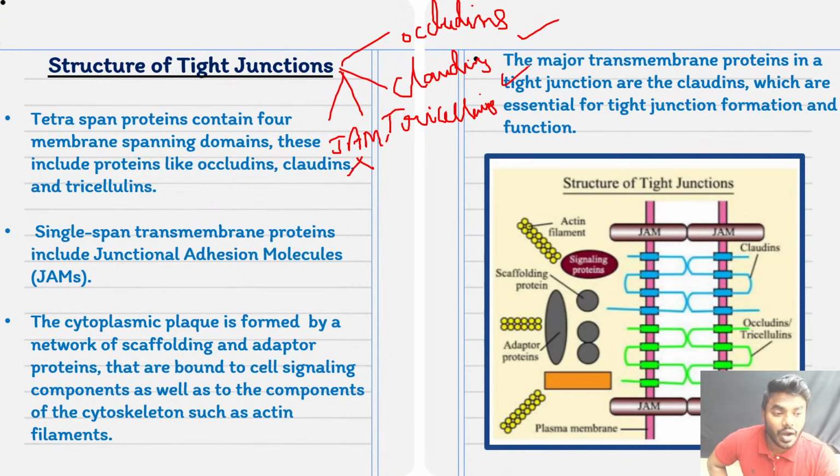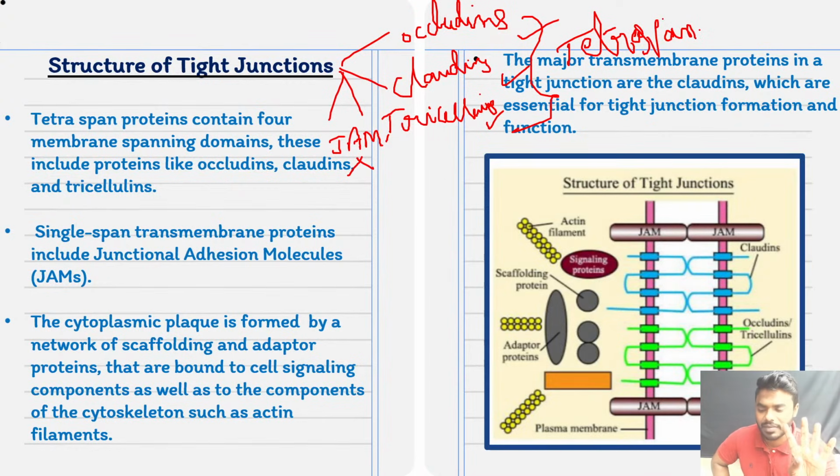occludins, claudins and tricellin, they all transpan the membrane. How many times, friends? They transpan the membrane tetraspan, nothing but 4 times. And friends, if you look into the JAM protein, everyone keep it in your mind.